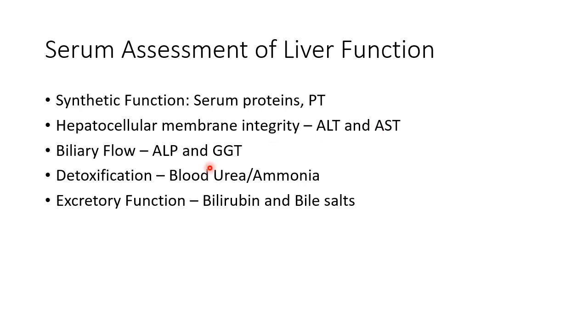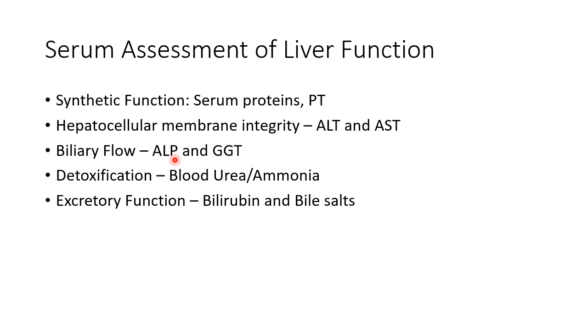For biliary flow, you can test alkaline phosphatase and gamma glutamyl transaminase, no? So, these are not very specific, but in the gastrointestinal tract, these are found in the biliary epithelium. Okay? So, the biliary epithelium holds these enzymes.